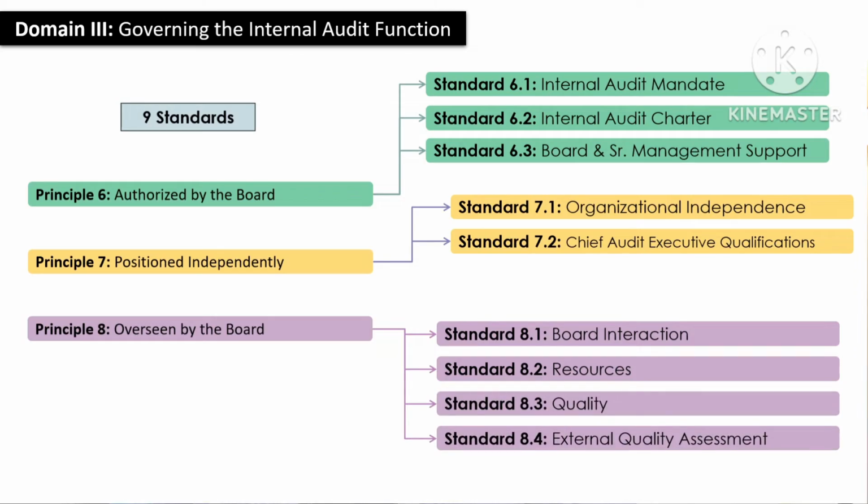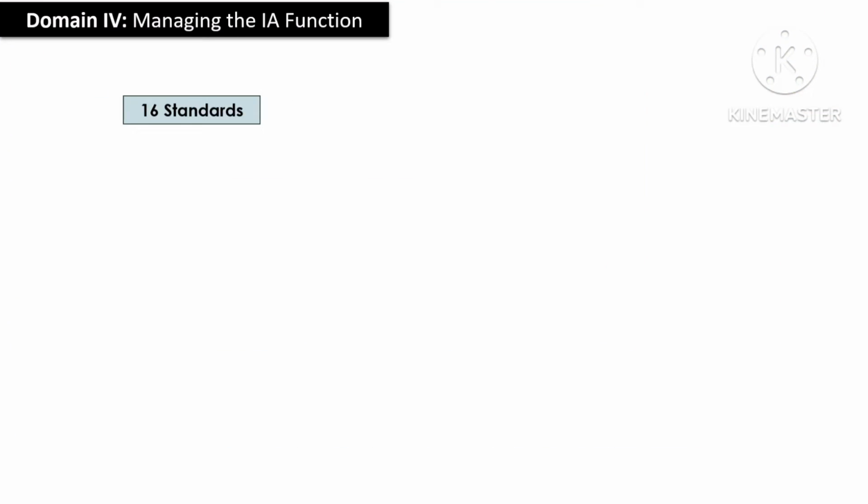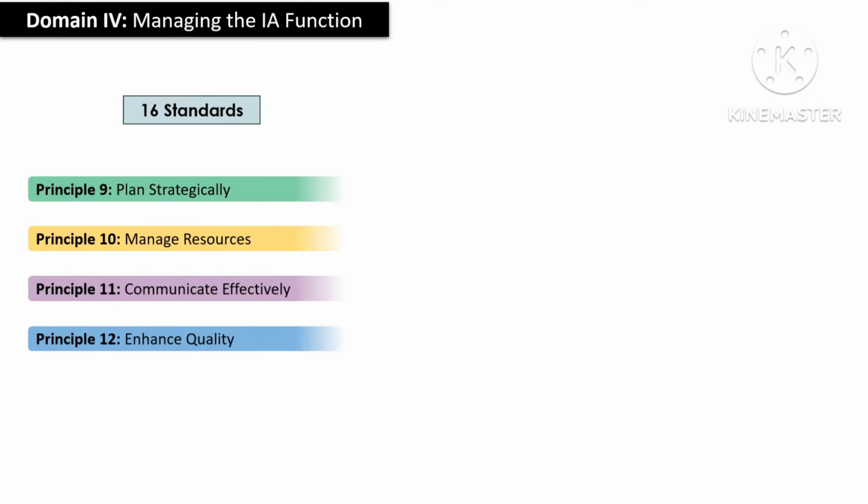So domain 4 is about managing the internal audit function. Managing the audit function comprises 16 standards. Let's have an overview of how many principles there are and how those principles are linked with the standards. The principles are plan strategically, manage resources, communicate effectively, and enhance quality.